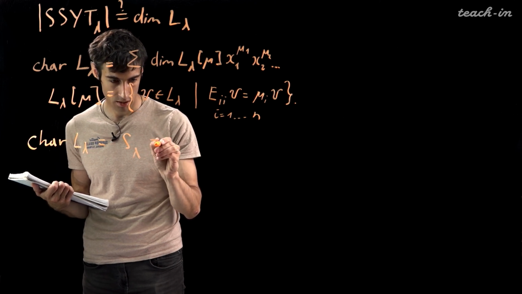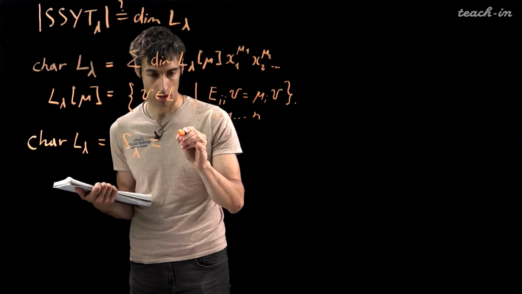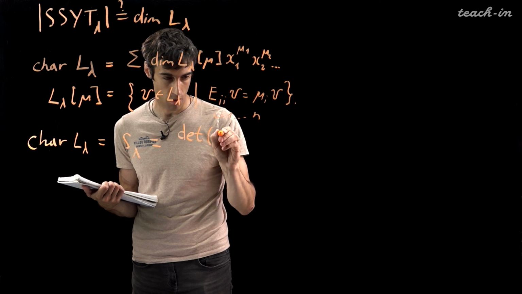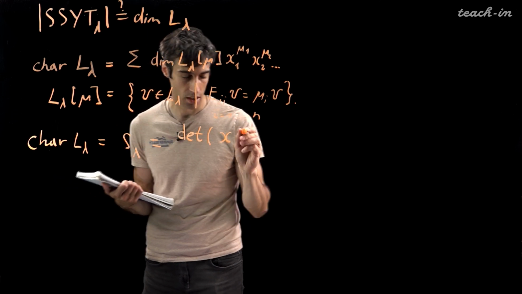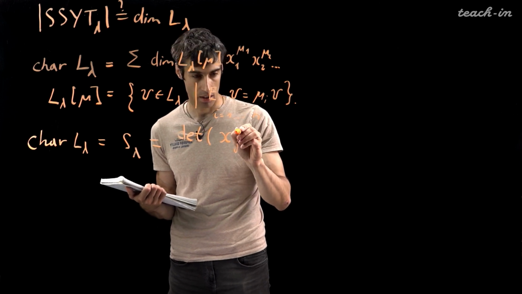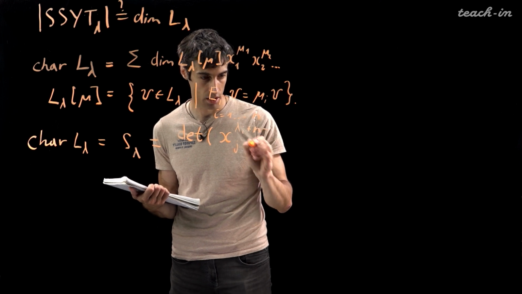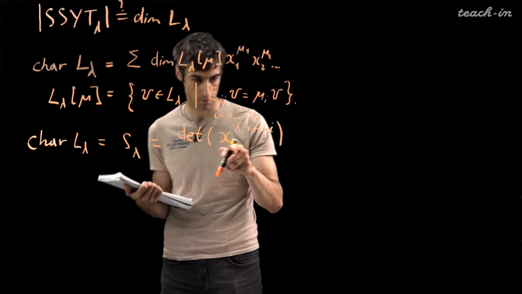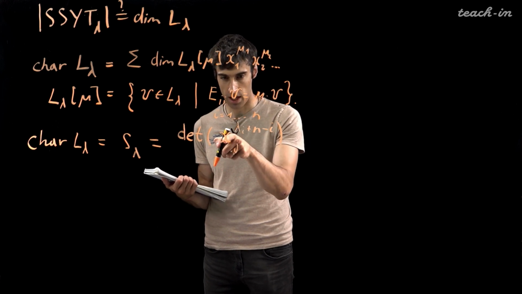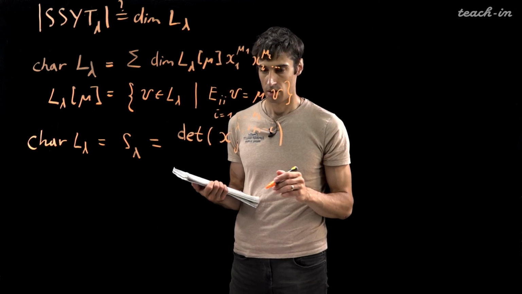which is, let us recall, given by the following formula: the determinant of x j to the power lambda I plus n minus I. So this is a matrix with ij-th entry given by this, right?